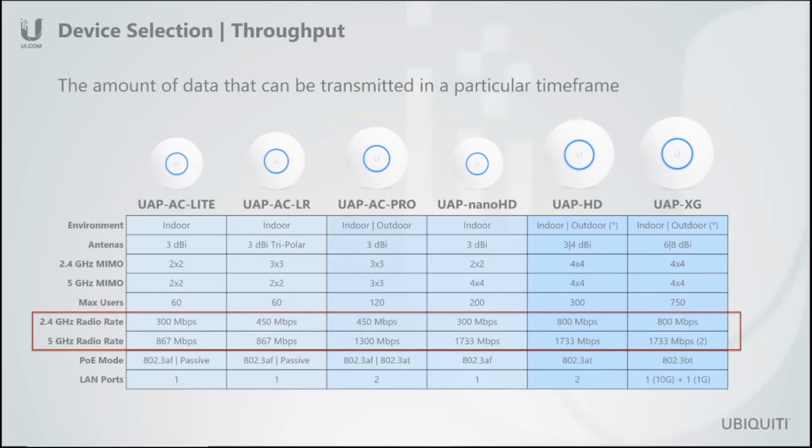The HD also has a secondary port which can be used for daisy chaining other devices, as well as the XG. Again, XG is, I would say, the best suited device for daisy chaining, as well as adding more devices to your network.